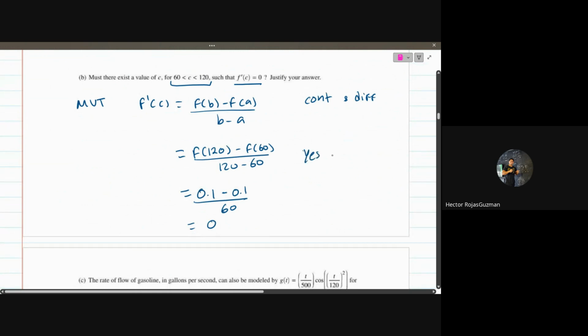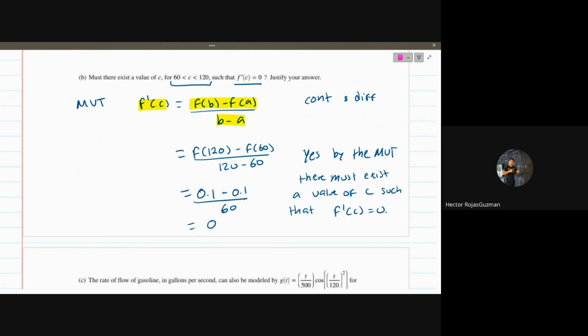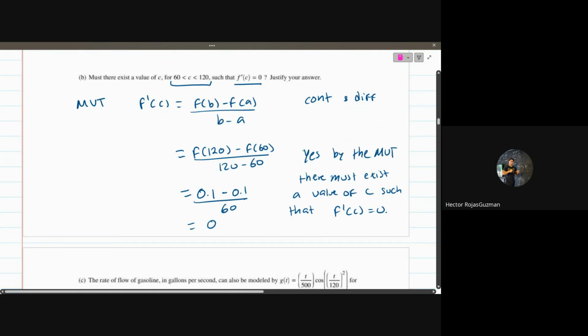So yes, by the mean value theorem, there must exist a value of c such that f prime of c is equal to 0. Because remember what the mean value theorem says: as long as a function is continuous and differentiable, there's going to be a point c such that the derivative is equal to the average rate of change. So that's our solution.